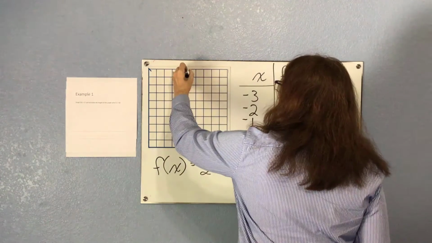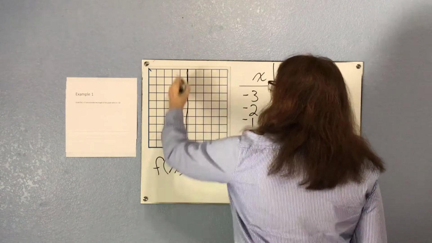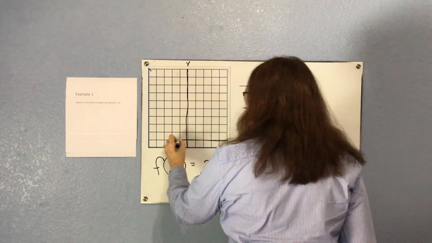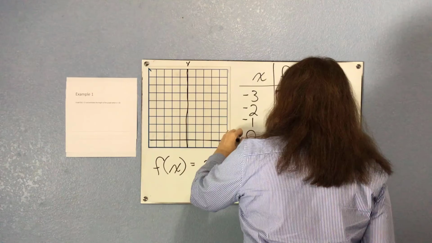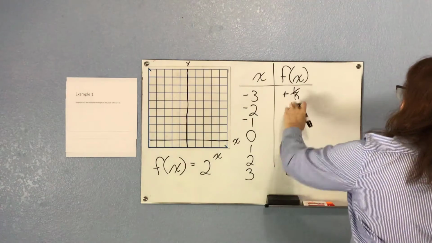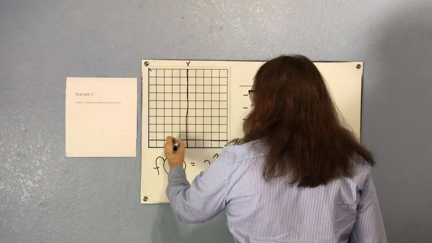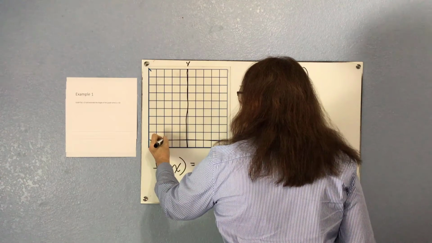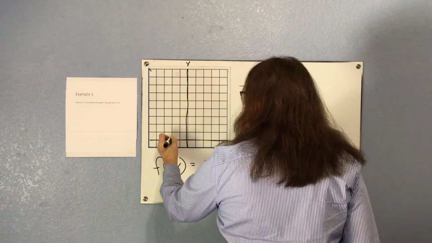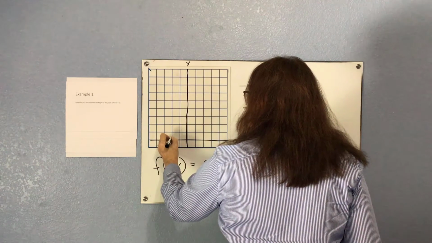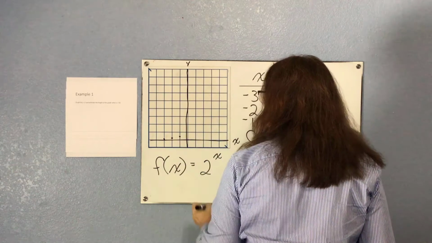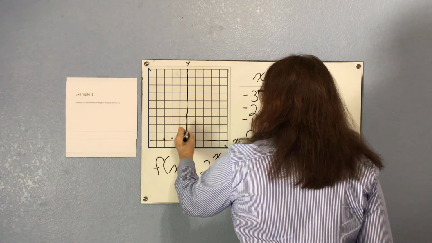So to graph this, put y down the middle here. We'll bring x up just 1. So at -3, I'm at 1/8. So 1, 2, 3, and about there. Then I go to 1/4, and then to 1/2, and then to 1.